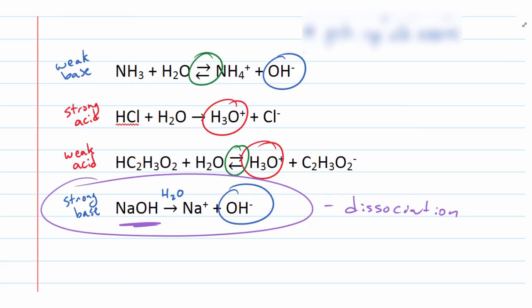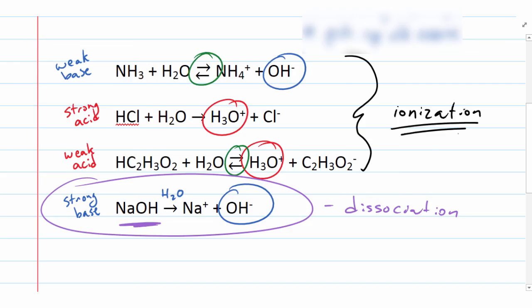These first three represent the process of ionization. And we talk about ionizing something, and this is a term from very early on in the semester. If we ionize something, that means that we're making ions out of something that wasn't ionic to begin with.